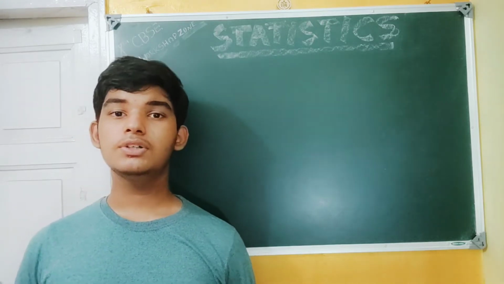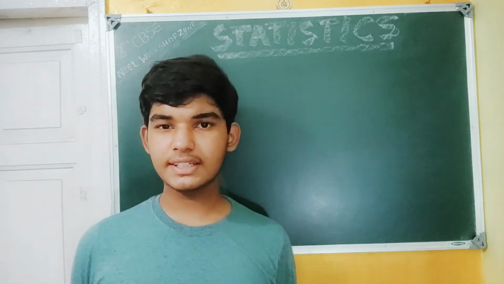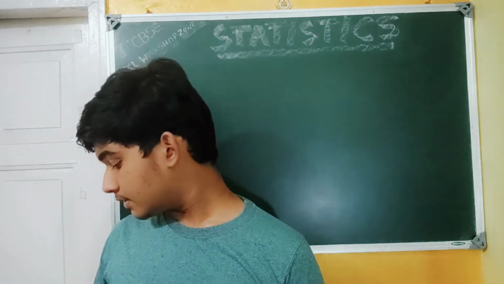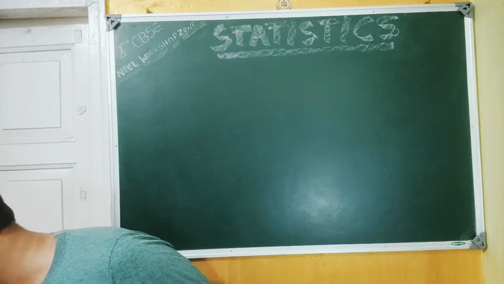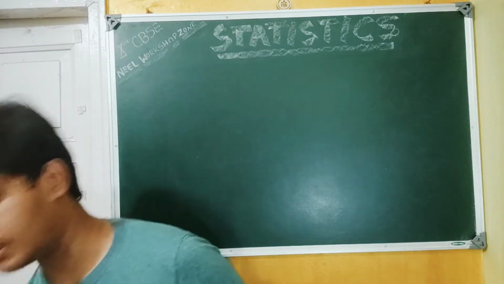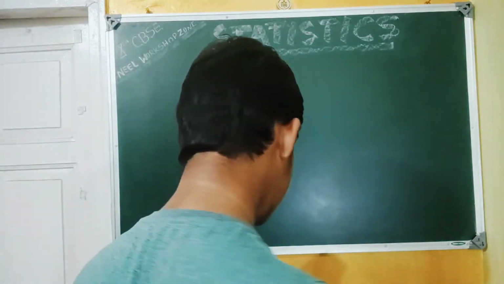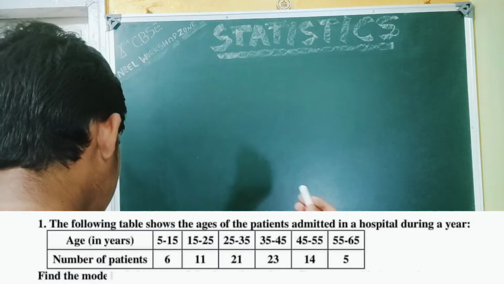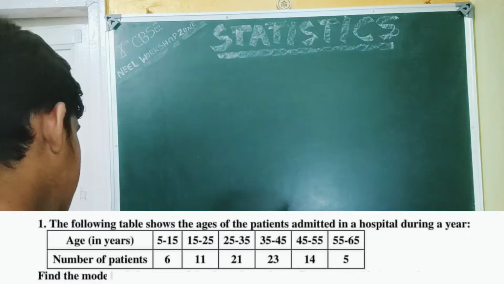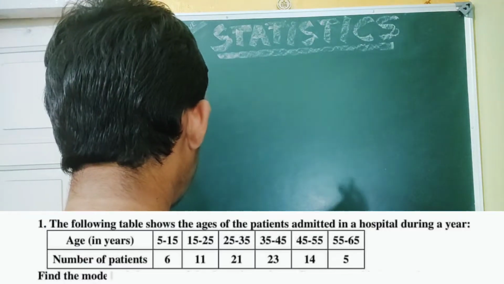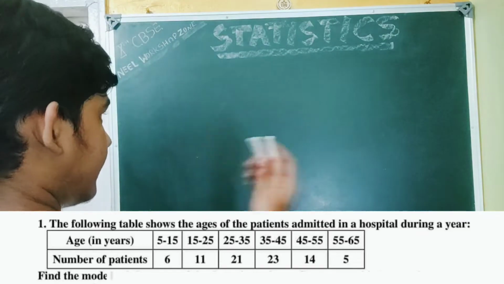So how do you solve a mode? To understand that, we obviously need an example. So right here I have an example with me. The first question is: the following table shows the ages of patients admitted in a hospital during a year, and they gave a table.